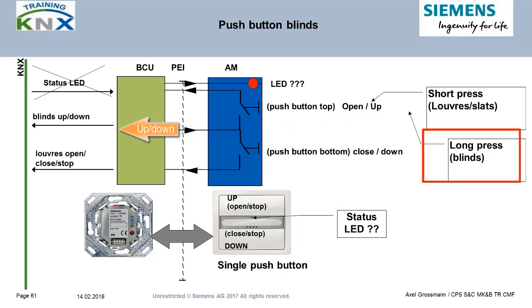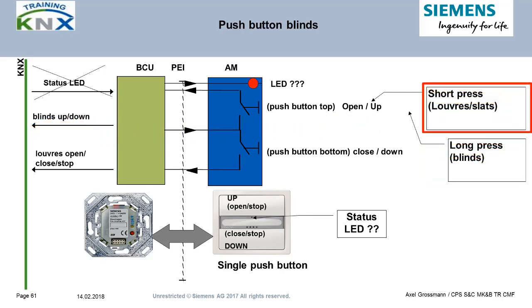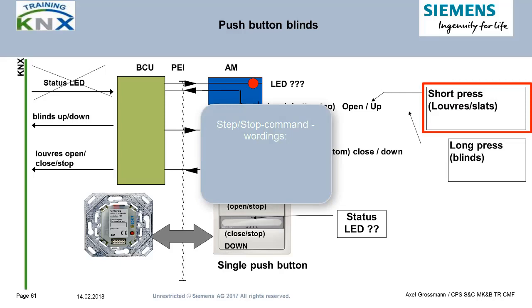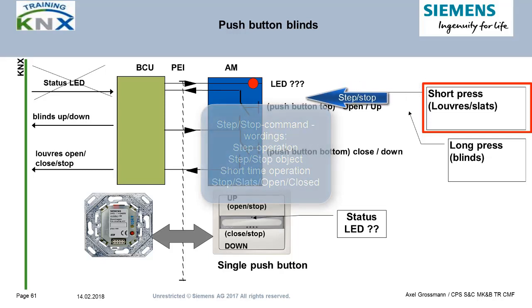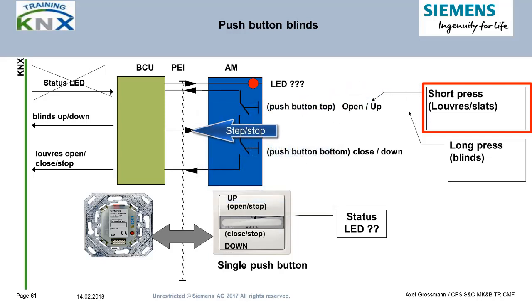This command will be generated by a long button operation. On the other hand, a command to stop the running motor is required. This function is called, among others, step operation, step stop object, short time operation, and stop slats open closed. It will be triggered, of course, by a short button operation.